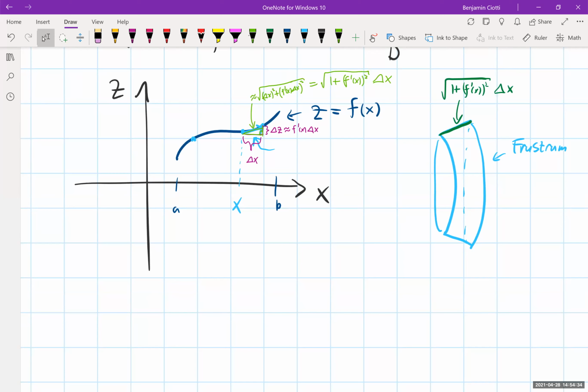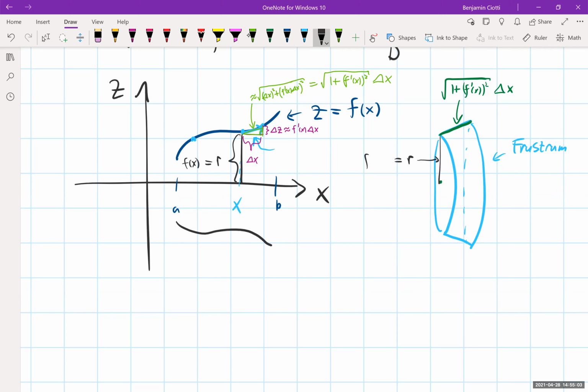I'm trying to remember what the area of a frustrum is. I think it's 2 pi times the radius times the height. So like if this distance is r, which in the picture, by the way, the distance is f of x.